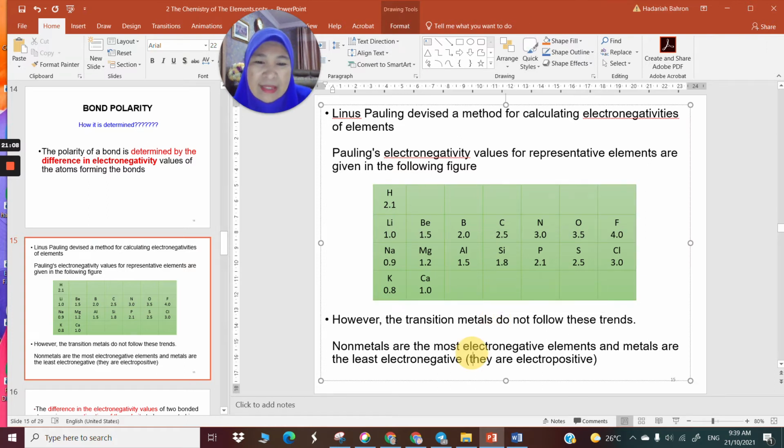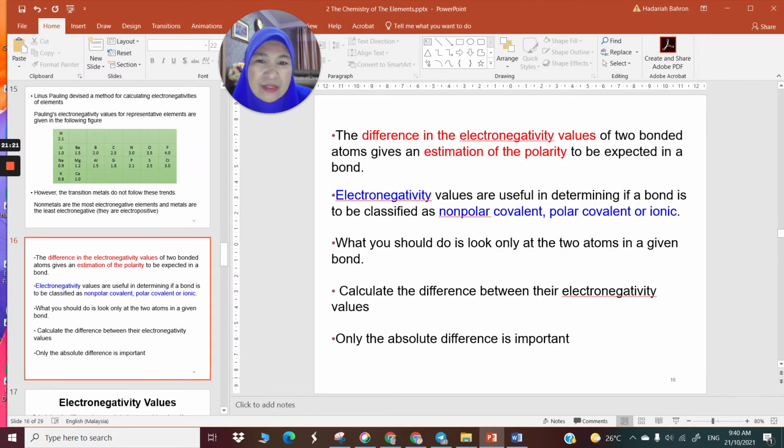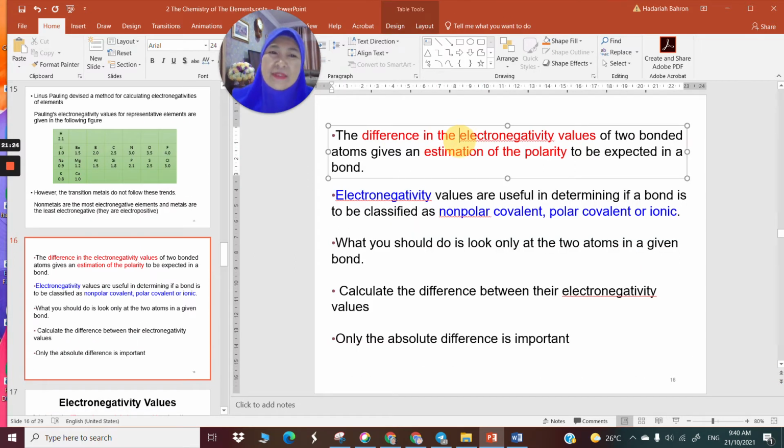Non-metals are the most electronegative elements, and metals are the least electronegative. That means metals are electropositive. So the difference between electronegativity values of two bonded atoms gives an estimation of the polarity to be expected of a bond. When you have a very small difference in electronegativity value, you're going to have a very slightly polar, or even non-polar, bond.